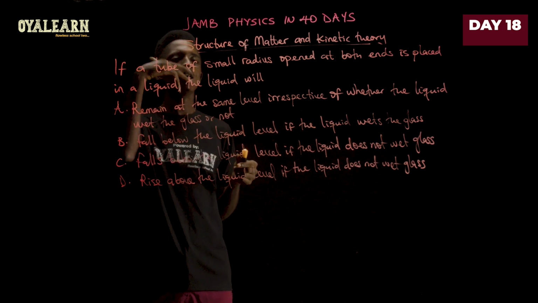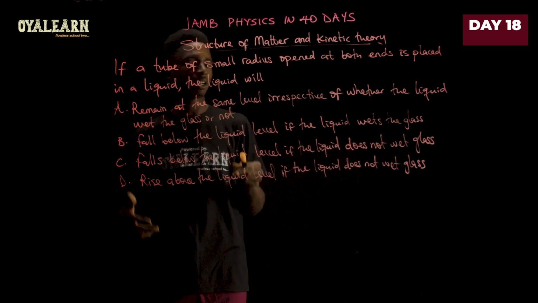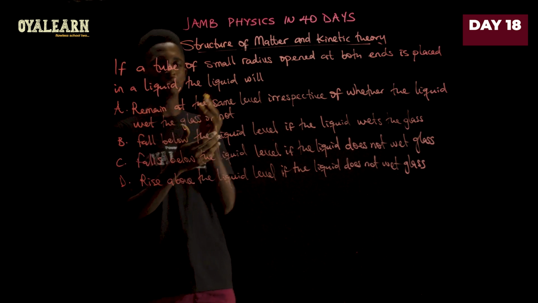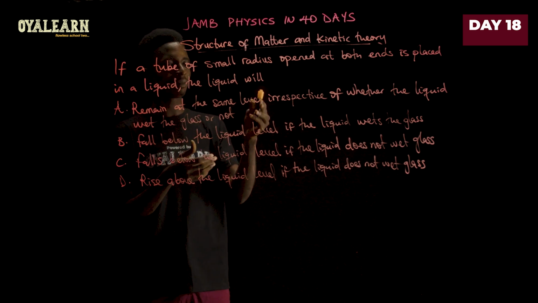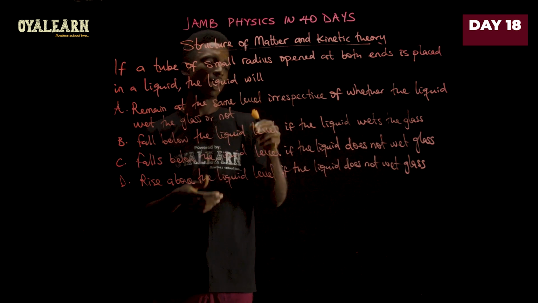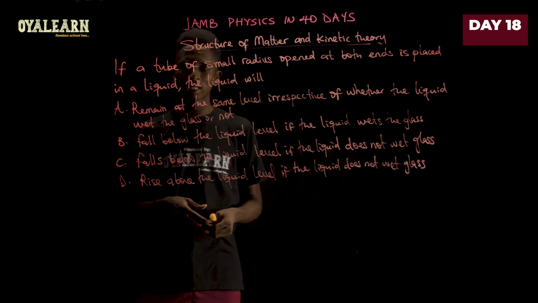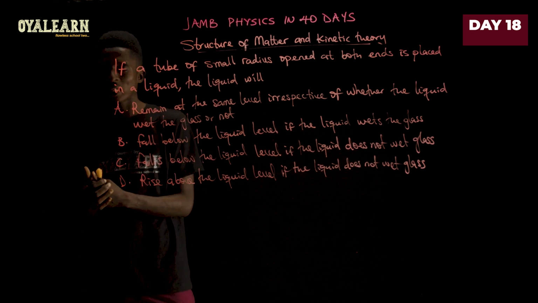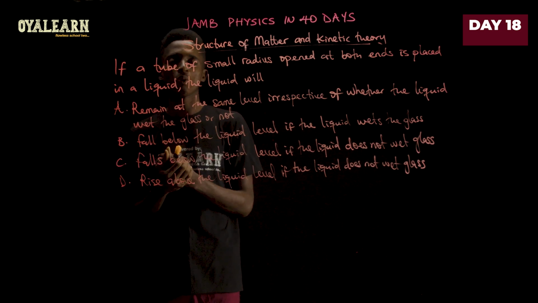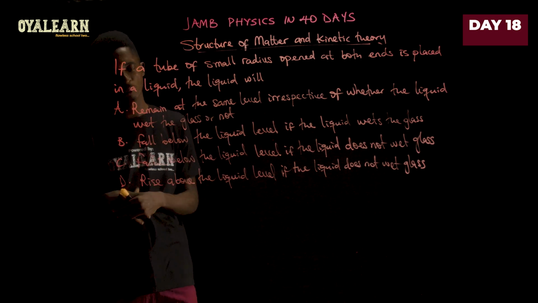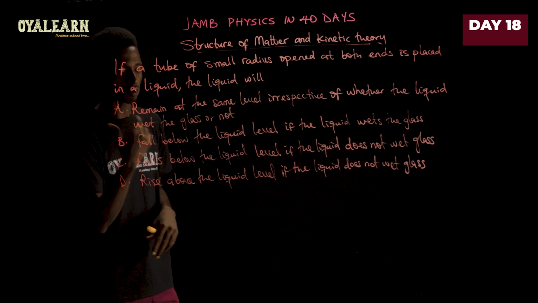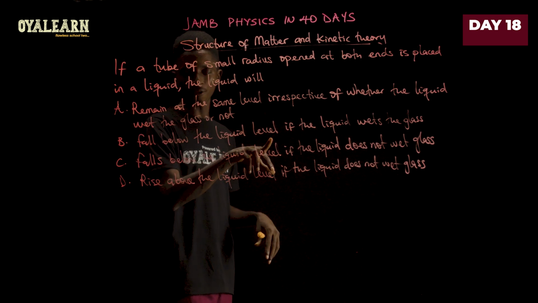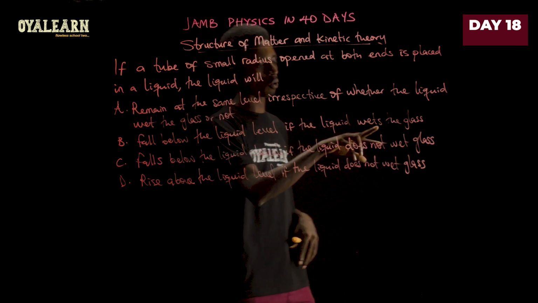So what will happen if you put a narrow capillary tube in a liquid? Option A says the liquid will remain at the same level, irrespective of whether the liquid wets glass or not. This is false because when it wets glass, it will rise, but when it does not wet glass, it will fall. So let's go to B. B says the liquid will fall below the liquid level if the liquid wets glass.